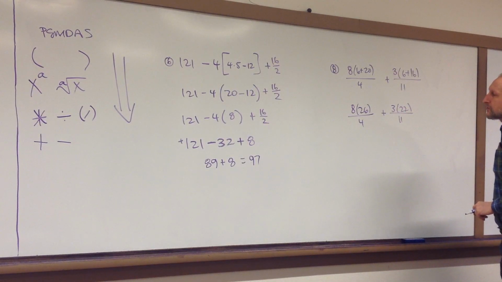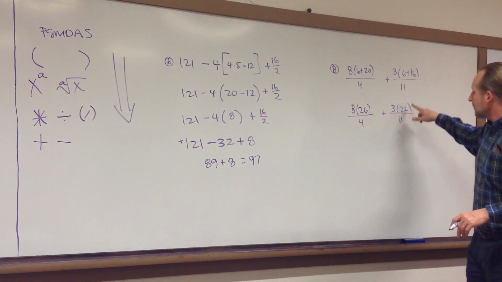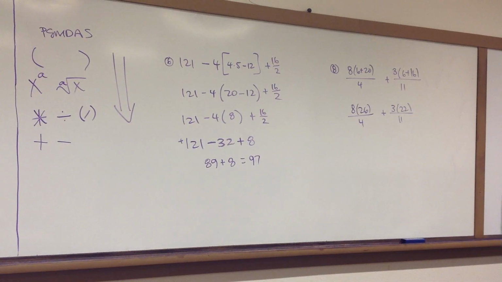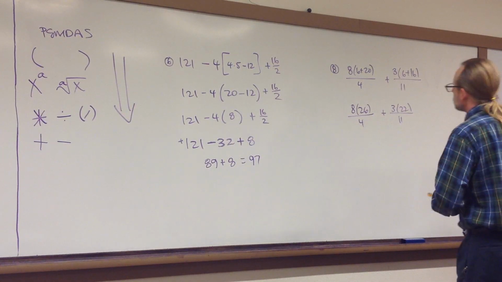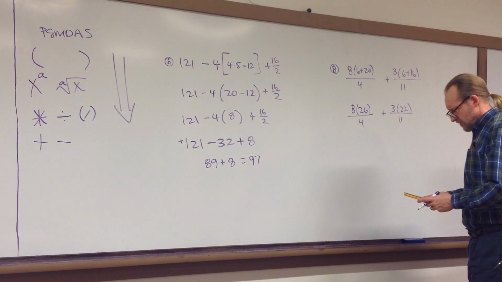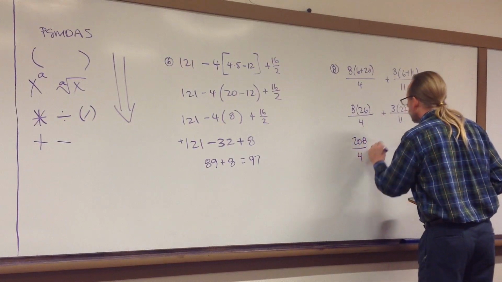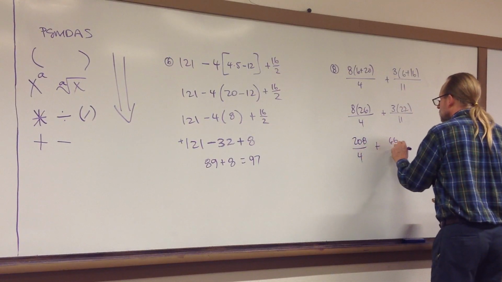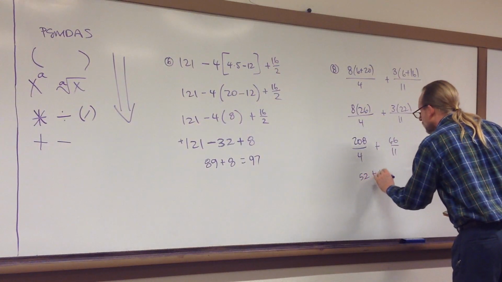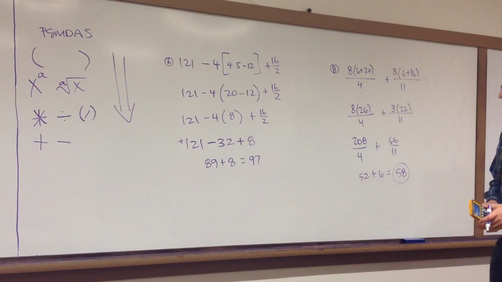So I'll go ahead and multiply. If you want to cancel these here and here, that works as well. But let's go ahead and just do 8 times 26. Is that going to be 208, I believe? Yeah, there we go. 208 over 4 plus 66 over 11. So this will be 52 plus 6 makes 58.